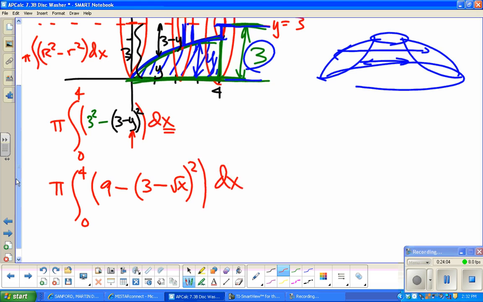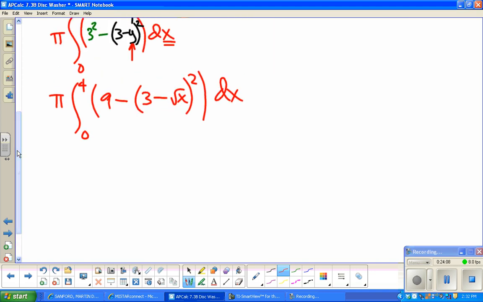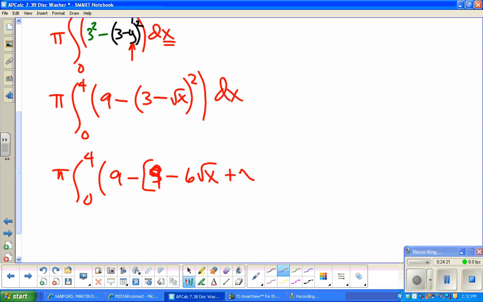Okay, I'm just going to do a little bit of simplifying here, just because that would be the easiest way to do this antiderivative. So 9 minus, and then I'm going to have to FOIL, so this is going to be 9 minus 6 square root of x plus x.